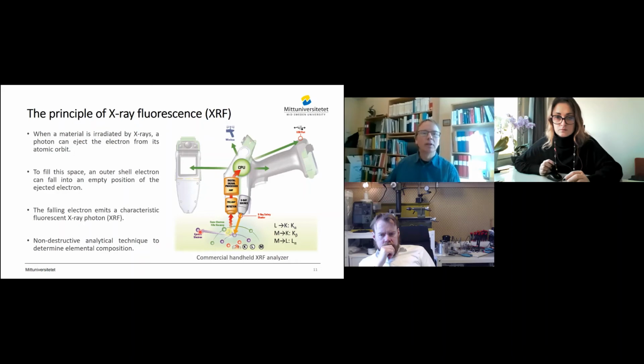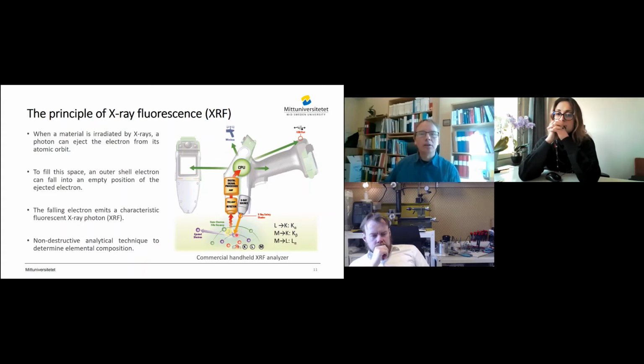Then to fill the place of the K-shell electron, or the L-shell electron, you need one electron coming from further out to fill up this place, and then a characteristic photon will be emitted when the electron falls to a lower energy state.